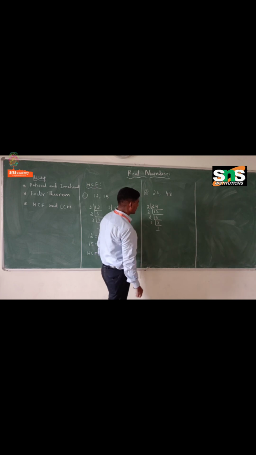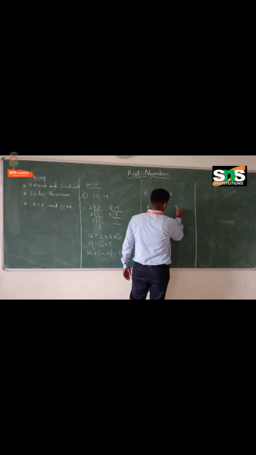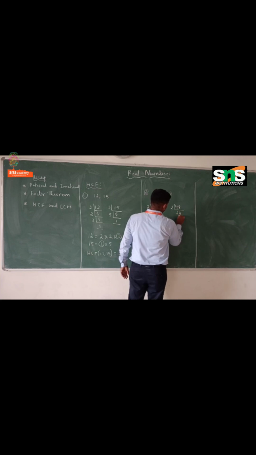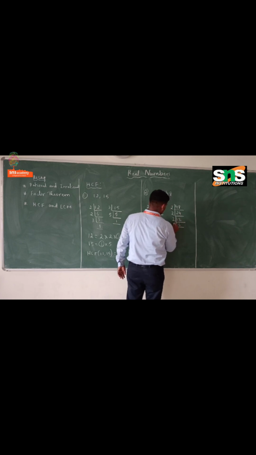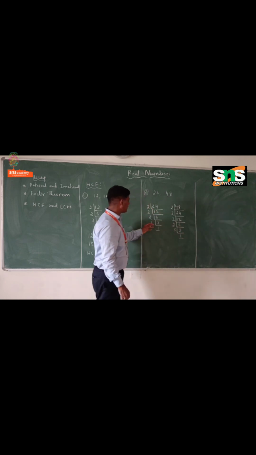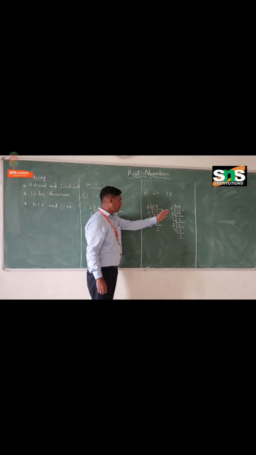For 48, the 2 table comes 24, again 12, again 6, again 3, and the 3 table comes 1. These are the factors for 24 and 48.